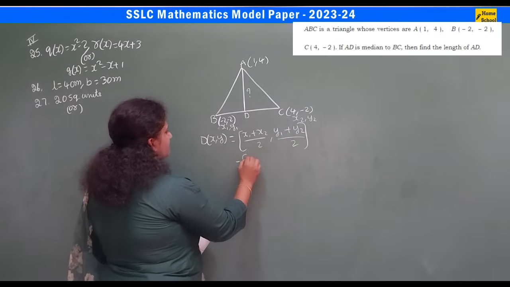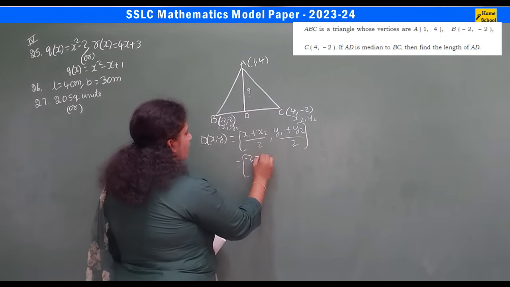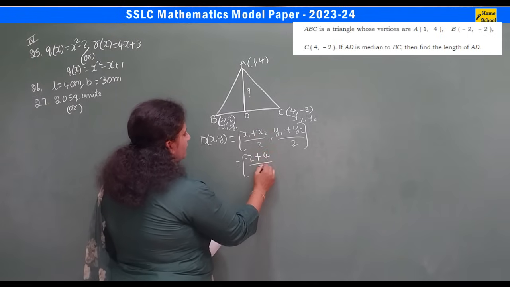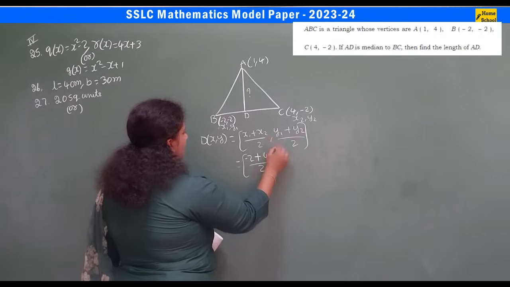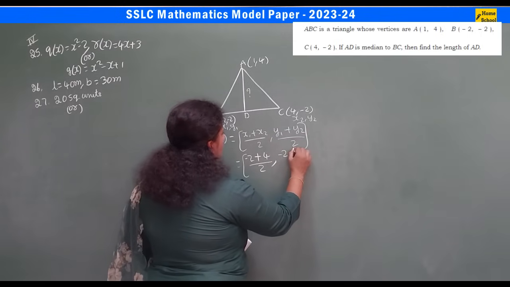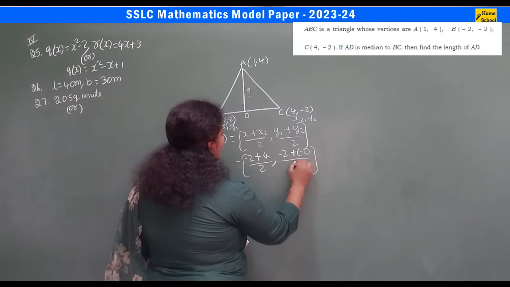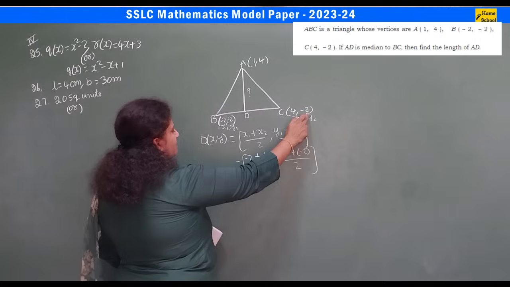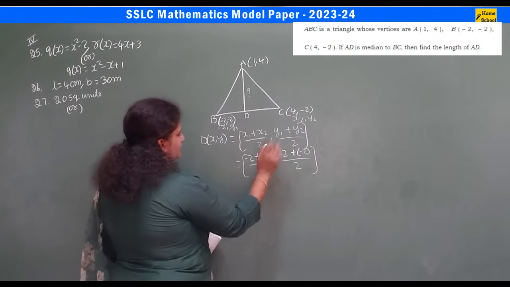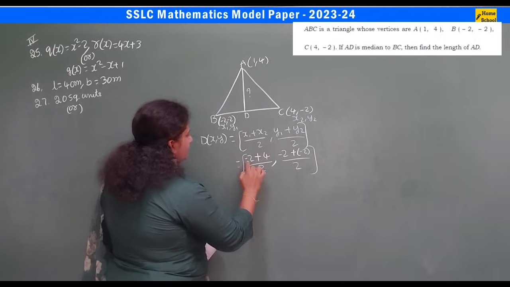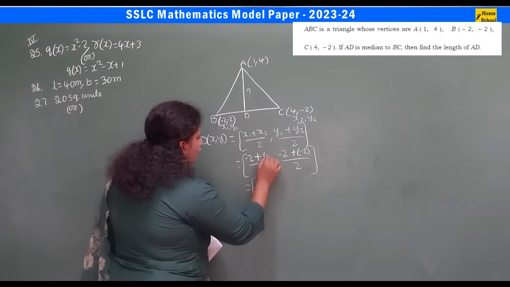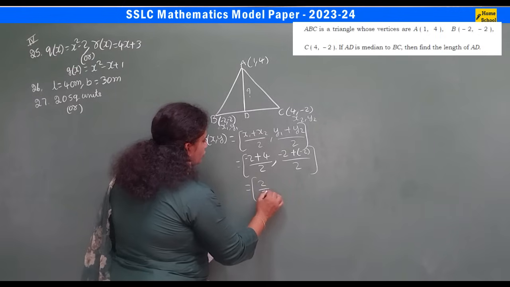x1 value is minus 2, x2 value is 4, by 2. y1 value is minus 2, y2 value is minus 2. In the formula you have a plus sign. Minus 2 plus 4 is 2, 2 by 2.